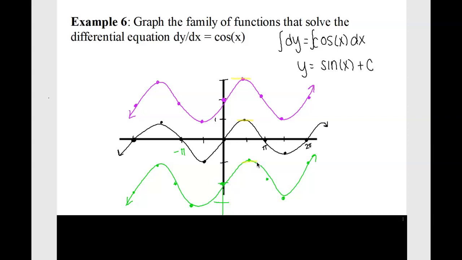What's another way of saying the slope is 0? What else can we call those? Yes, perfect. So a horizontal tangent is an implication that the slope is 0. So we have horizontal tangents at pi halves on sine.